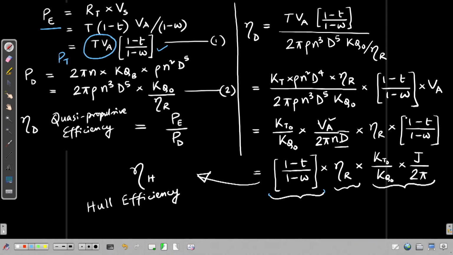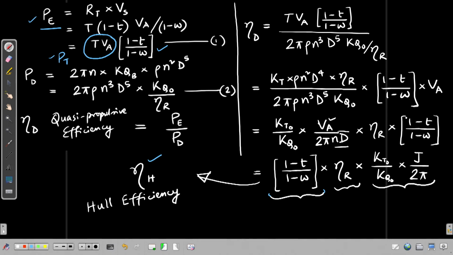Again, to reiterate, this hull efficiency is not an efficiency term. So, this is just the ratio of (1 minus thrust deduction factor) by (1 minus wake fraction). Now, this hull efficiency can also be greater than 1, and depending on the value of wake fraction and thrust deduction fraction, it can have values in the range of 0.9 to 1.2.